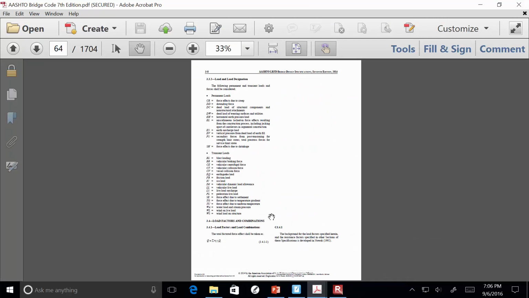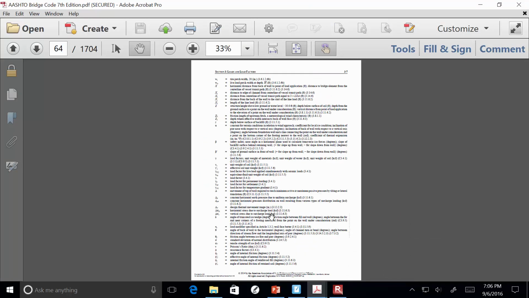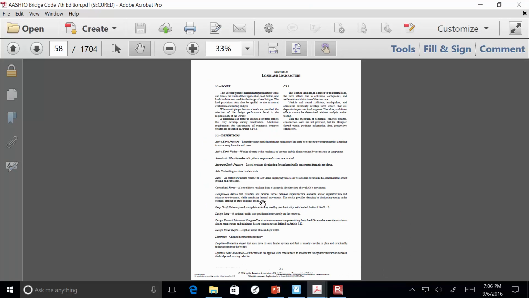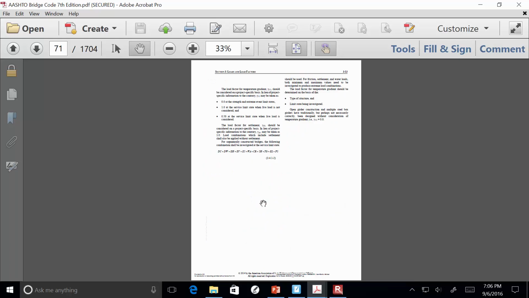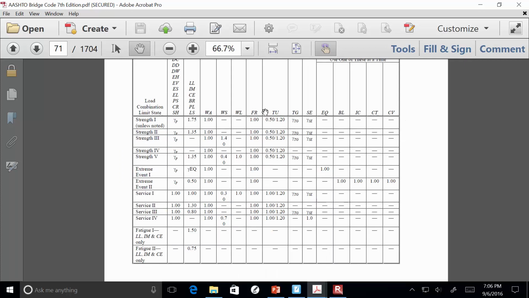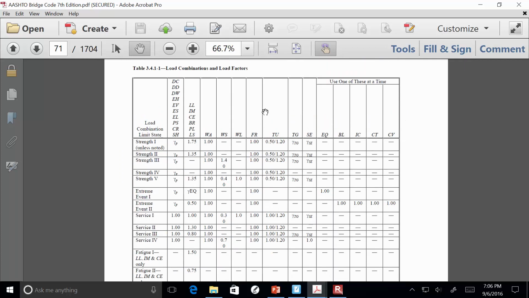So, okay. What I'm looking at is section 3. Okay. So you all have this, right? All right. Now, first off, we looked at this last time, right? Those were the actual load combinations, you know, where we got the 1.75 times the live load and all that.